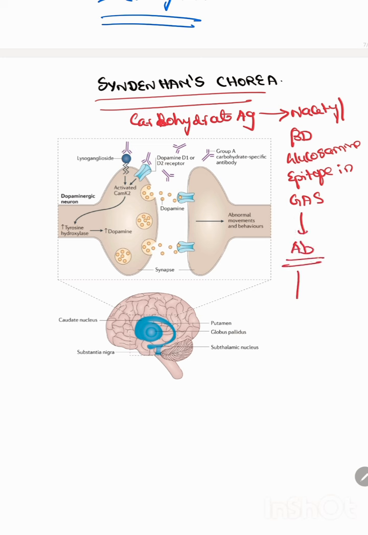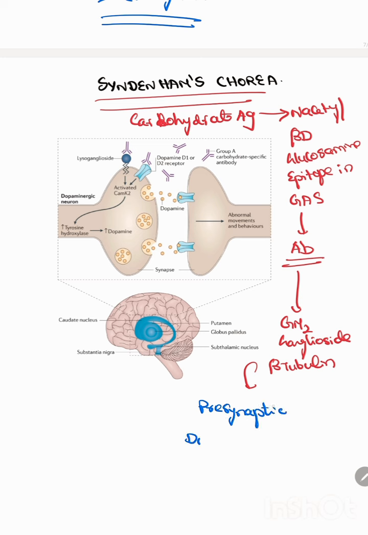These antibodies will go and target the GM2 ganglioside receptor and beta tubulin receptor in presynaptic dopaminergic neurons in the caudate nucleus and putamen.